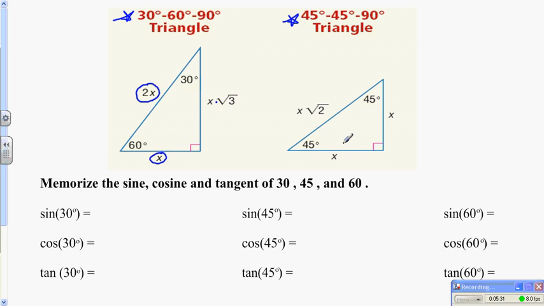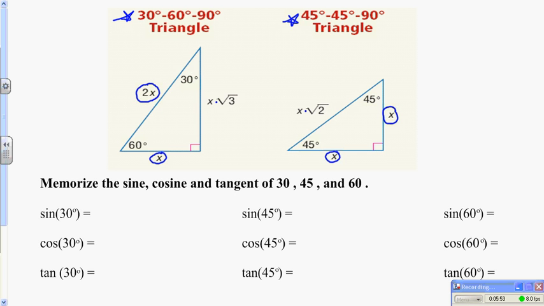If it's a 45, 45, 90 triangle, then we have the legs being equal length, and the hypotenuse being the length of the leg times root 2. We're going to use these special right triangles to find our trig functions for certain degrees.